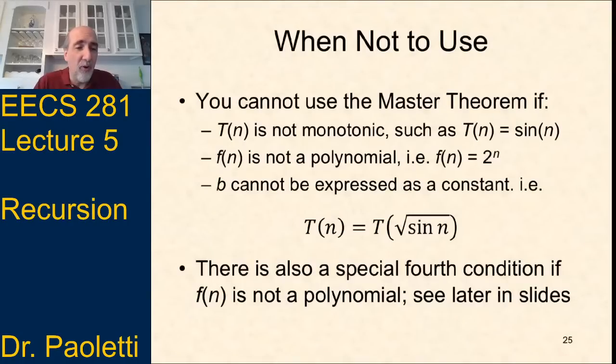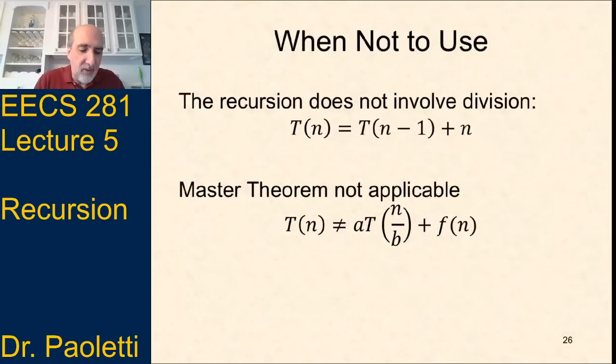There is a special fourth condition for some of the cases of f of n being not polynomial, and this is coming up in another slide or two. Also the master theorem doesn't apply when we've got a subtraction. It only applies when we've got a division. So the master theorem doesn't apply if it's not in this form.